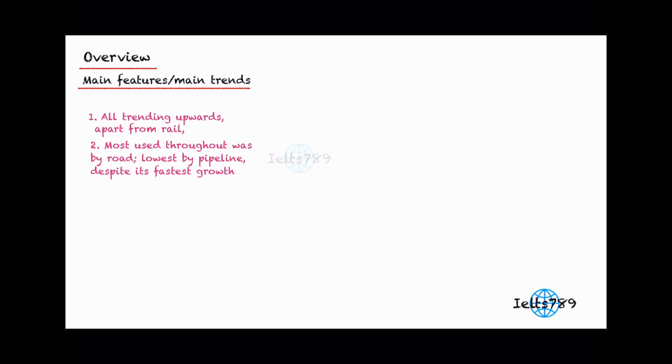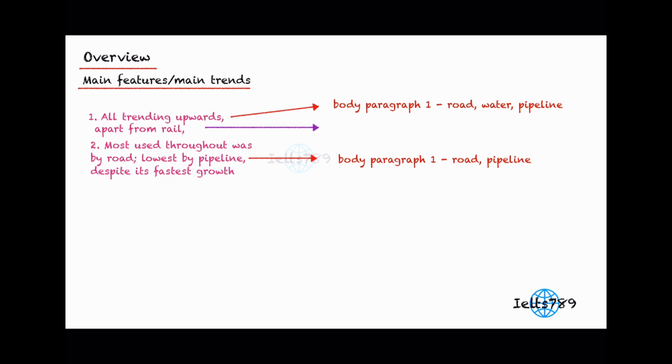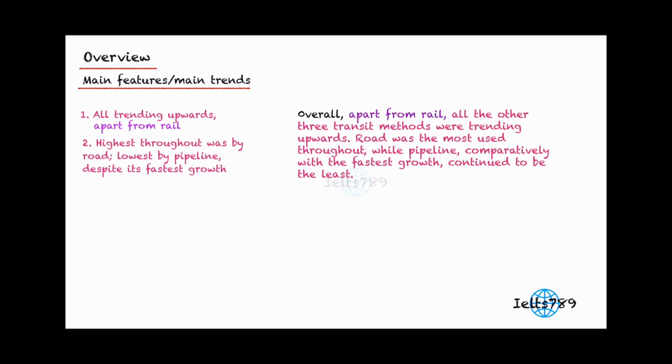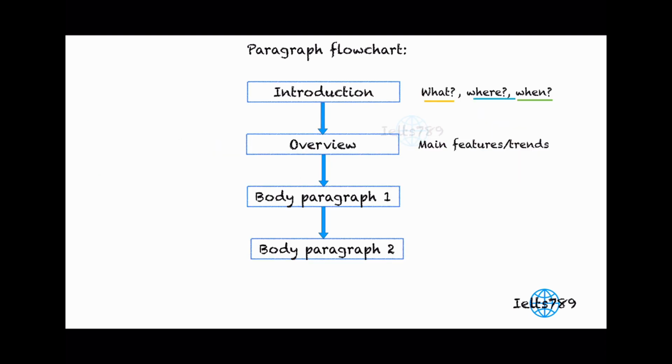If you look closely, trends 1 and 2 focus mainly on road, water, and pipeline trends, which we can describe in more detail in body paragraph 1. Rail, which behaves differently, will be in body paragraph 2. And our overview makes this distinction clear. Pause the video if you wish, so you can take time to relate the color-coded main trends on the left to the color-coded overview on the right.